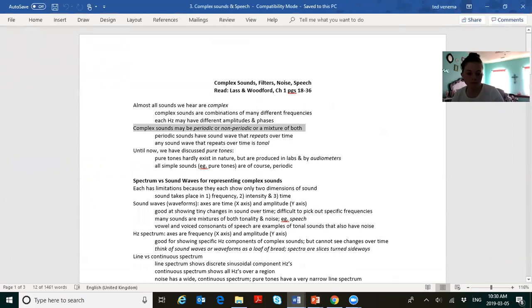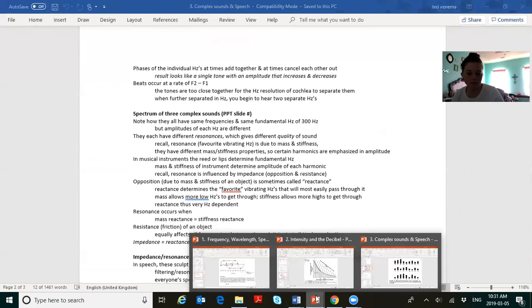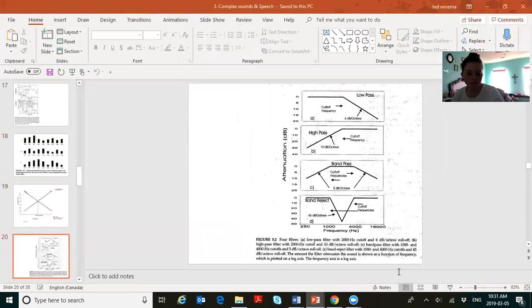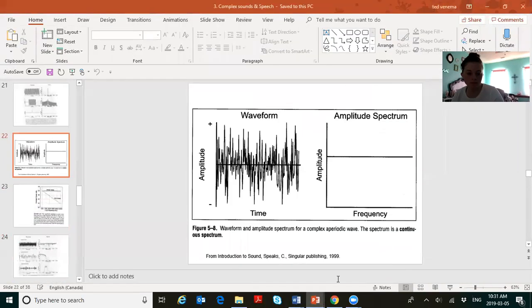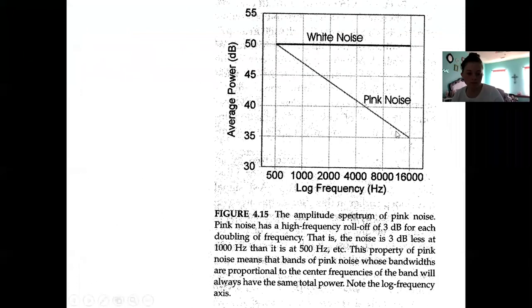If the sound wave does not repeat over time, if it looks like a scratchy, raggedy mess, look at the sound wave. No rhythm to it whatsoever. That's noise. And if the noise has a flat spectrum, it's called white noise, because the color white includes all colors.